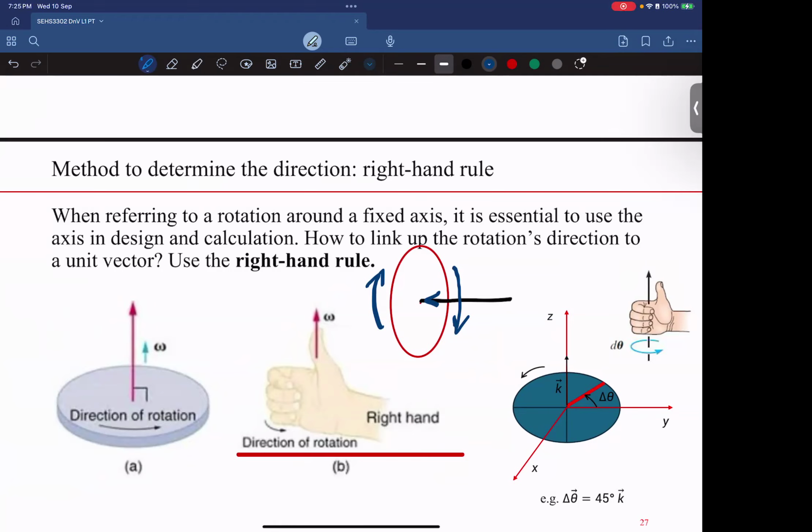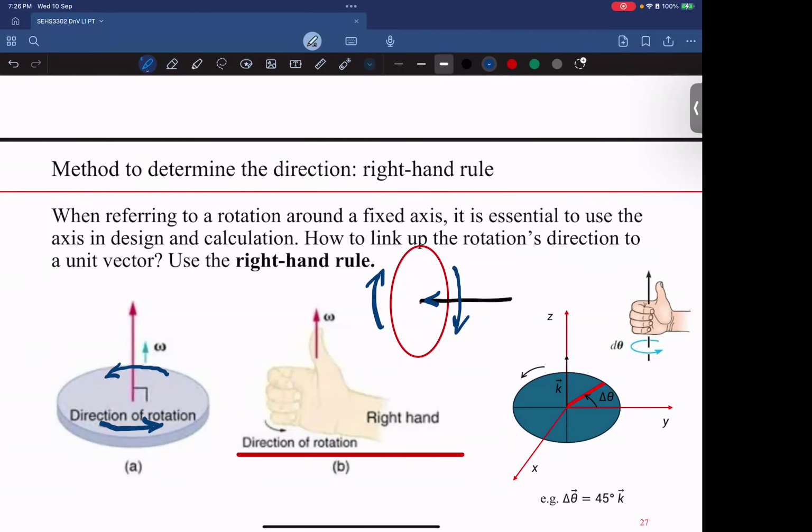Let's see this one. The edge near to us moves to the right, and at the far end, it moves to the left as it rotates.